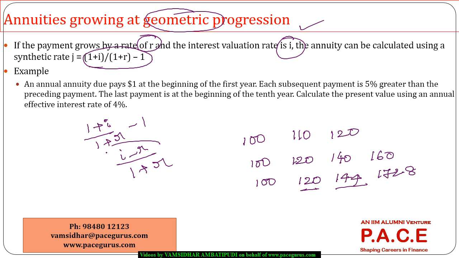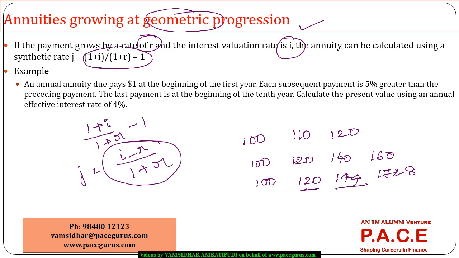So either I do this kind of a setting, my J, which is the new interest rate, I can very well find out as I minus R by 1 plus R. Using this I can find out the new interest rate, right?